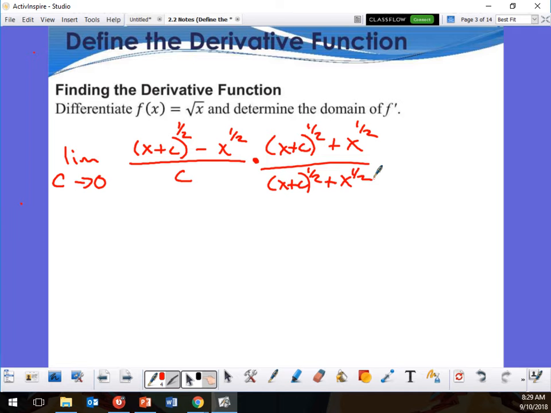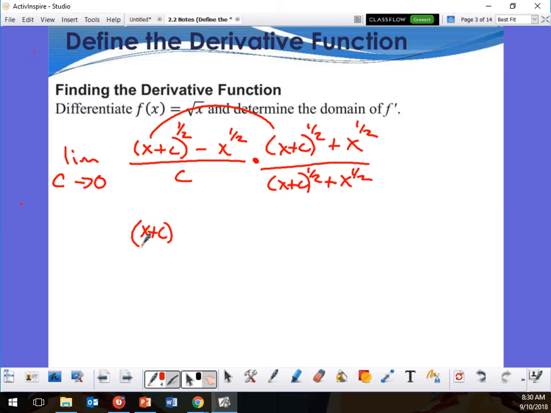I was either going to do this or try some weird squaring type thing. But the conjugate here is helpful because I have a binomial, so I could multiply by the conjugate. If I go through and do my distribution, there times there is just going to give me x plus c, right? 1/2 times 1/2 gives me just 1, right?